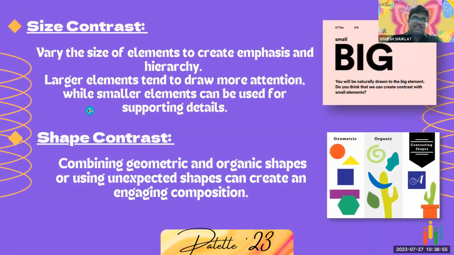So moving on further, then there is the size contrast, where you vary the different sizes of your elements to create emphasis and hierarchy between the different design elements in your posters. Now, I would like to say, note this out, that when you're looking at a poster piece, there are three different types of hooks which hook the audience. There is the primary hook, secondary hook, and the supporting elements.